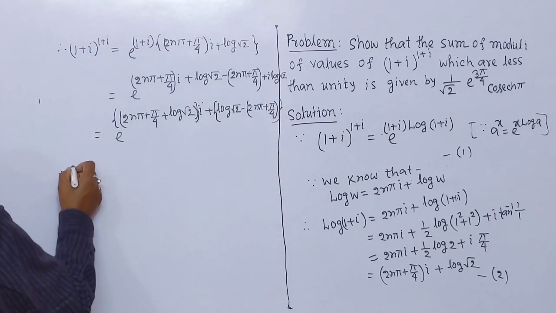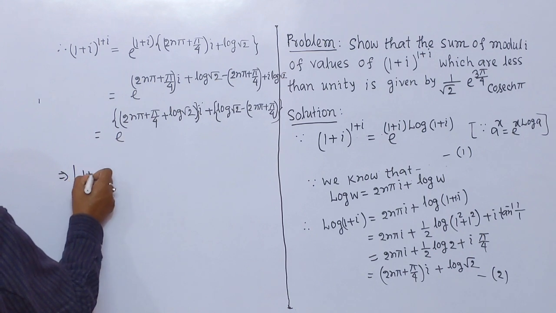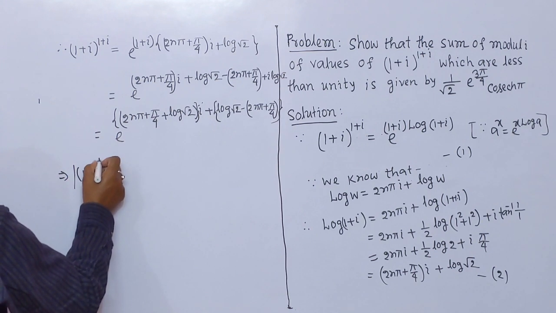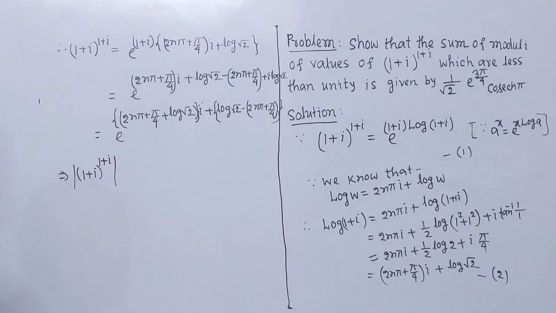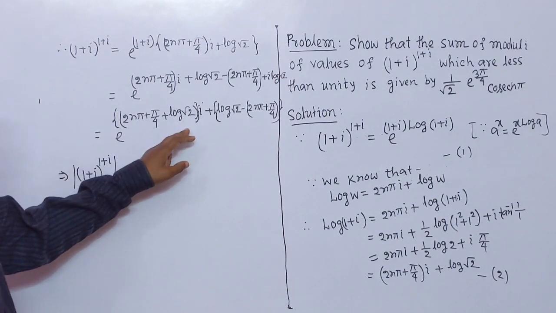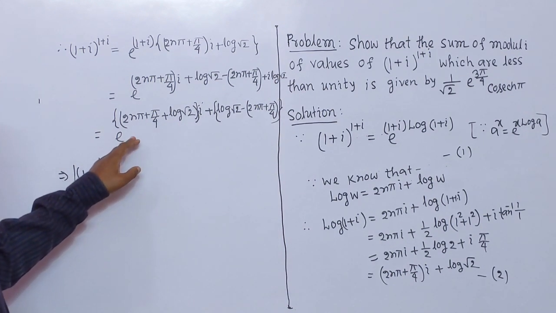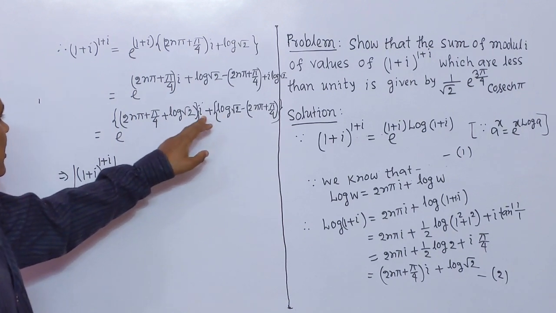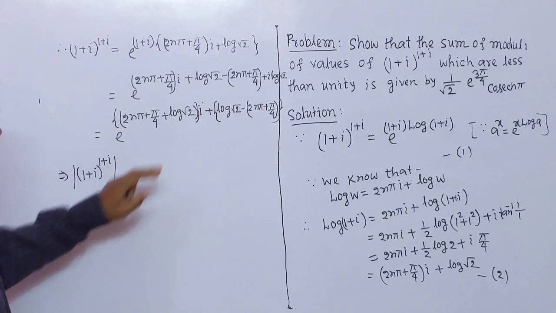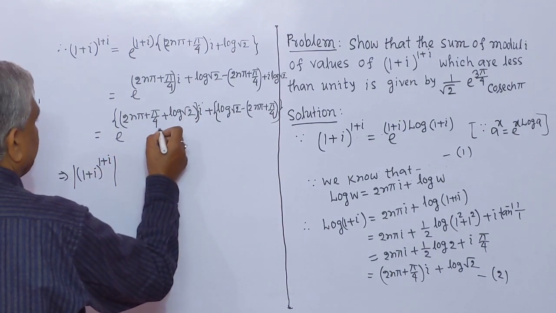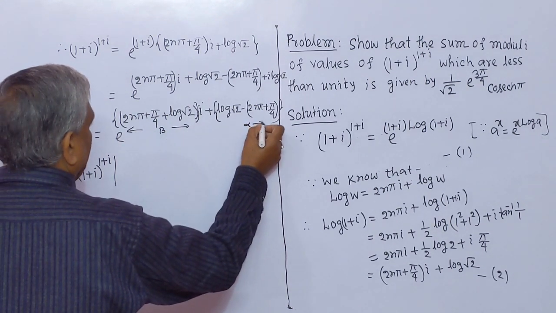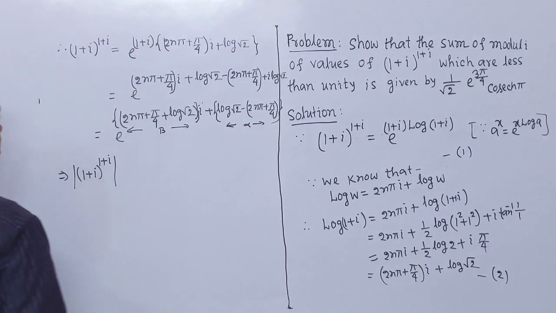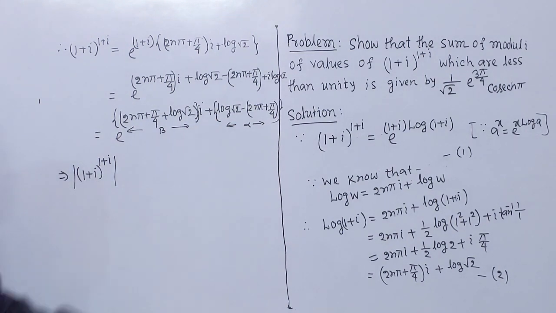This implies that modulus of (1 plus i) to the power (1 plus i). In modulus, we have just seen that for e to the power alpha plus i beta, this part is beta and this part is alpha, and the modulus is e to the power alpha.